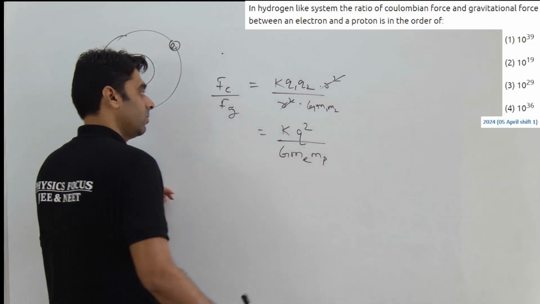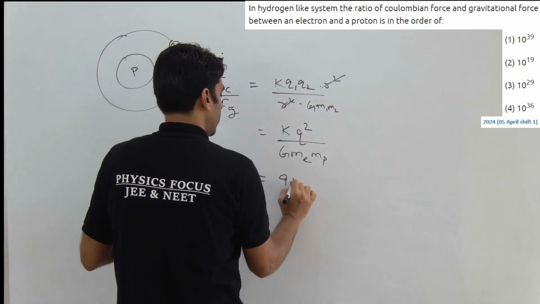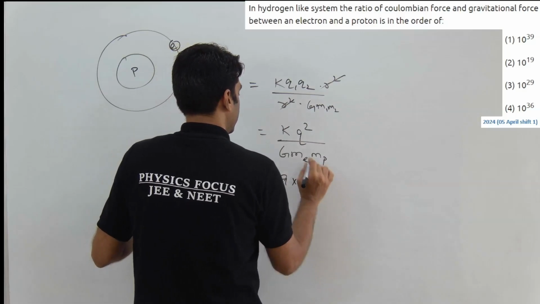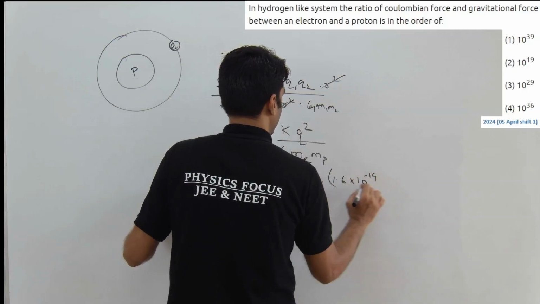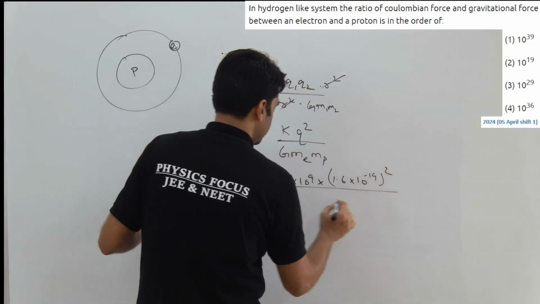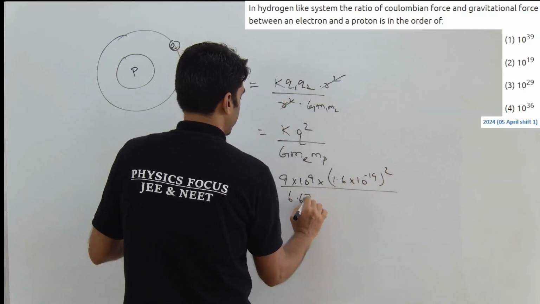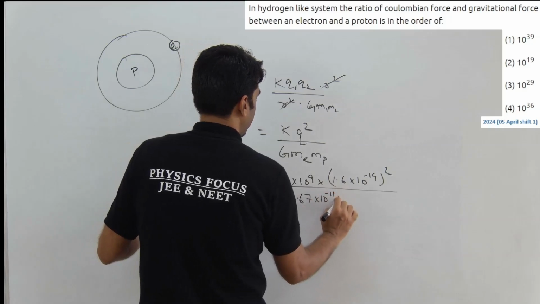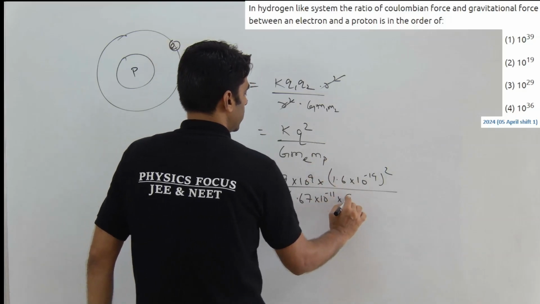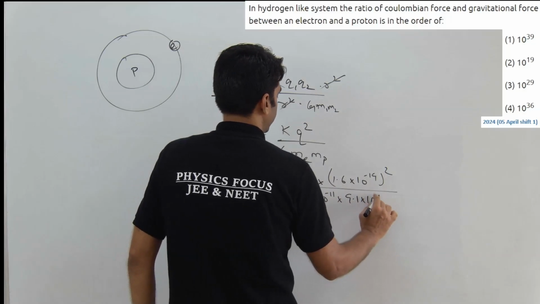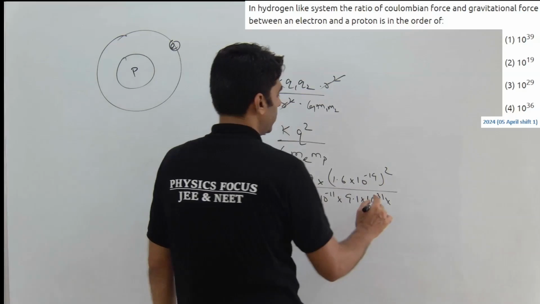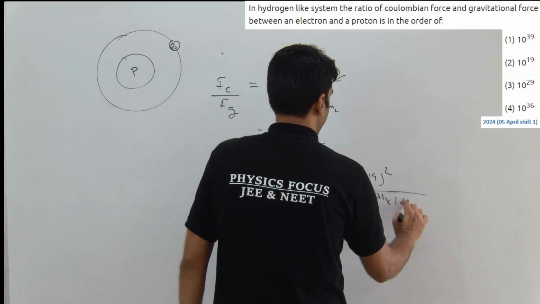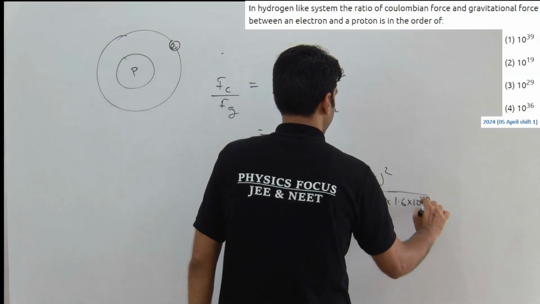Let's put the values over here. K is 9 into 10 power 9. Q is 1.6 into 10 power minus 19, whole square, divided by G, 6.67 into 10 power minus 11, mass of electron, which is 9.1 into 10 power minus 31, mass of proton, which is 1.67 into 10 power minus 27 kg.